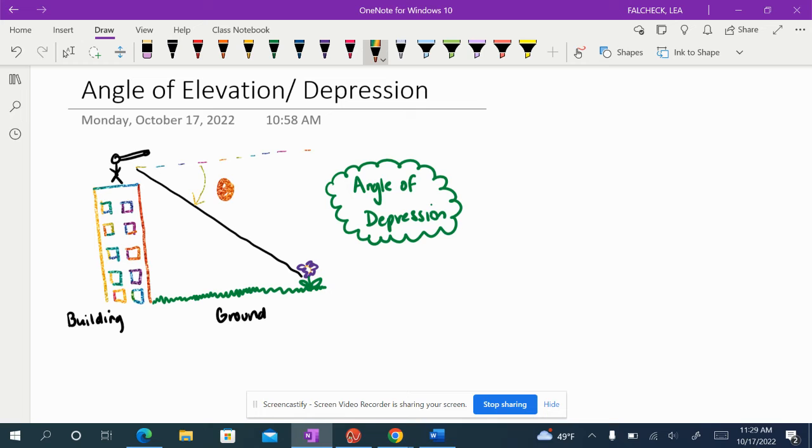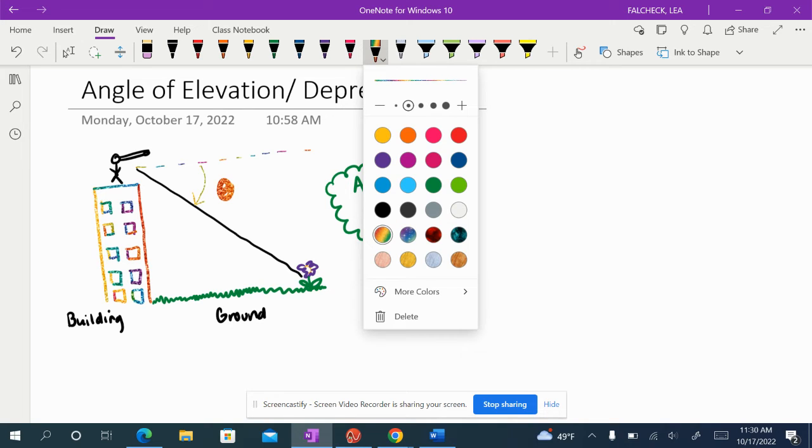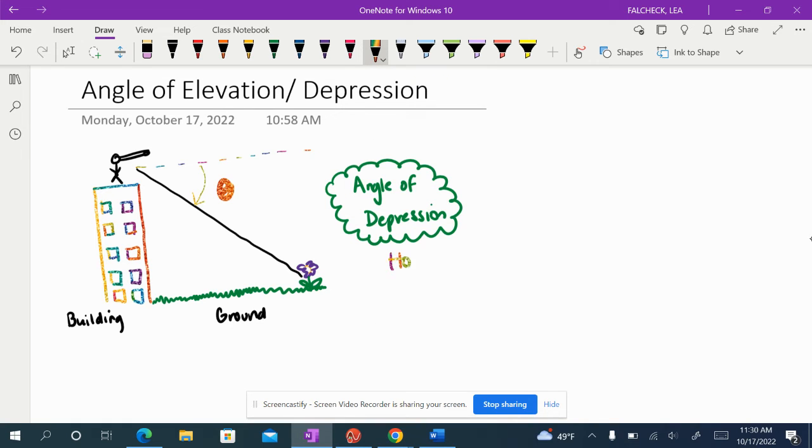Okay. Let's write this: from the horizontal down. And this is the horizontal line of sight.